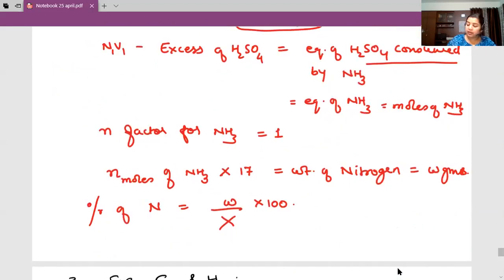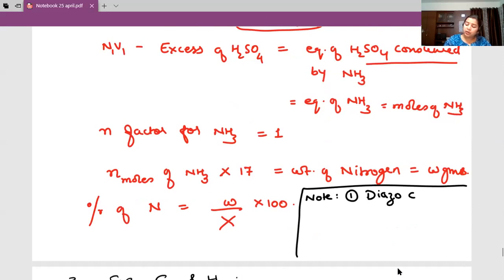Remember that Jaldal's estimation fails for diazo compounds. It fails for, I would say, pyrrole and pyridine.